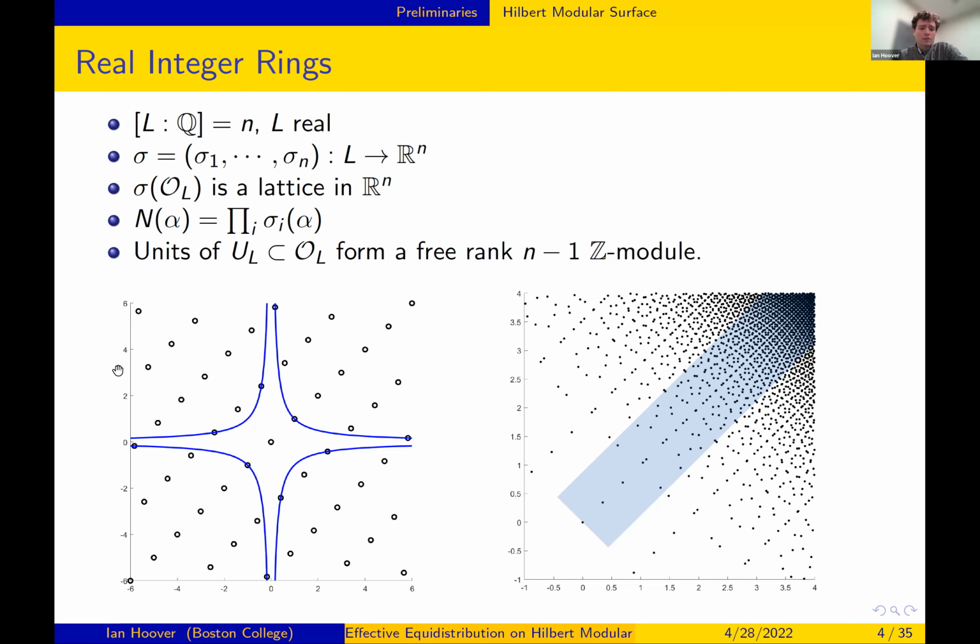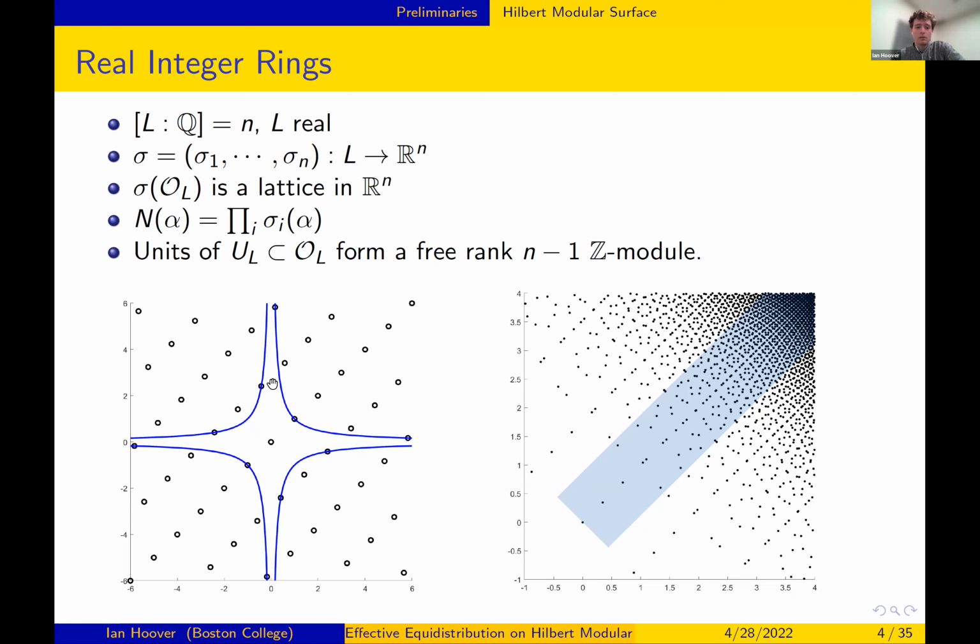What we have pictured on the left is a quadratic extension of Q. I believe it's Q adjoin root 2. So the integers of that extension, I've done exactly the embedding I've outlined. The x coordinate is one embedding, the y coordinate is the other embedding. And then our units are the elements whose products of x and y coordinates are 1 or -1.